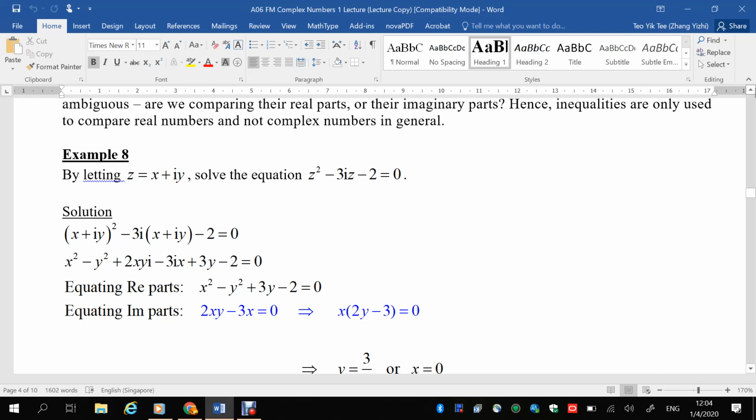Even back in secondary school, your teachers will teach you how to solve equations like this. Your teacher will teach you to check the discriminant, right? The discriminant will tell you whether you have two distinct real roots, or two equal roots, or no real roots.